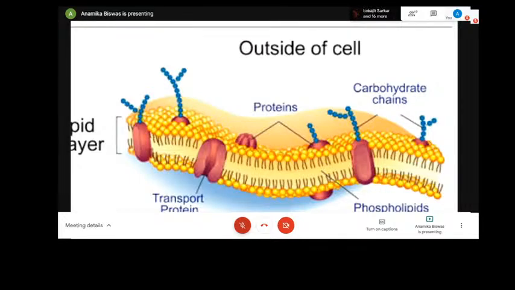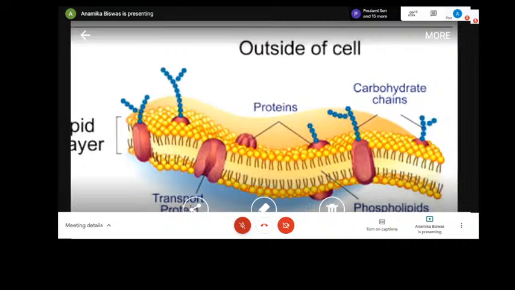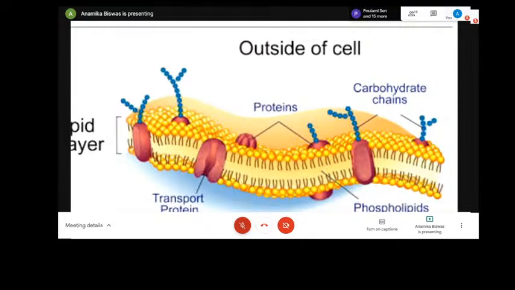Now the ratio of protein and lipids varies considerably in different types of cell. But in case of RBC, that means human red blood cell, the protein consists of 52% and lipid consists of 40%.